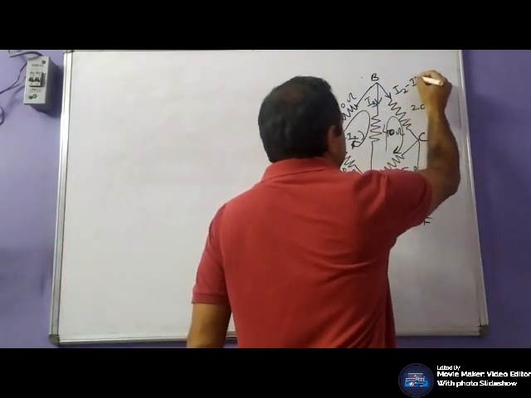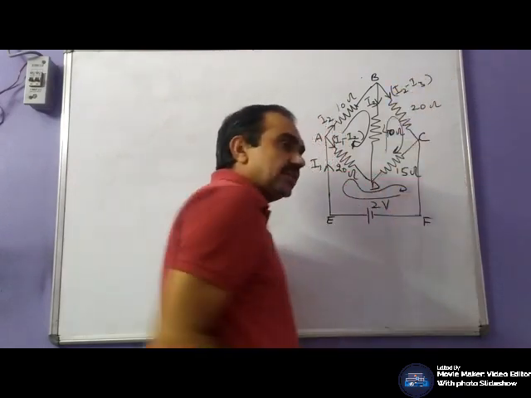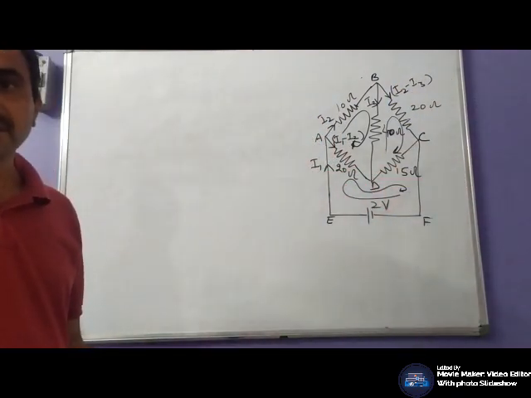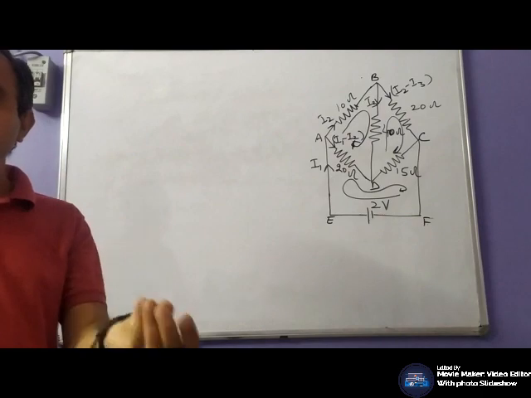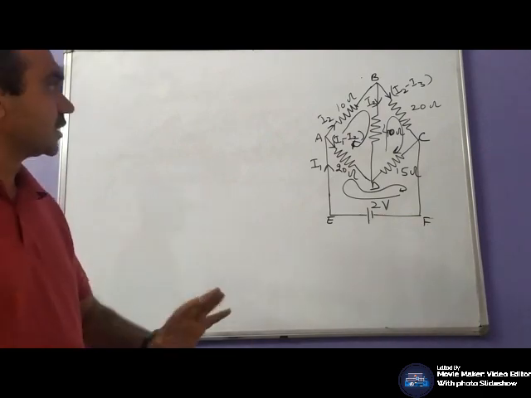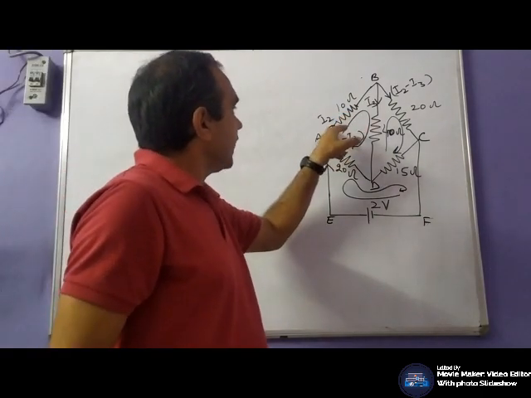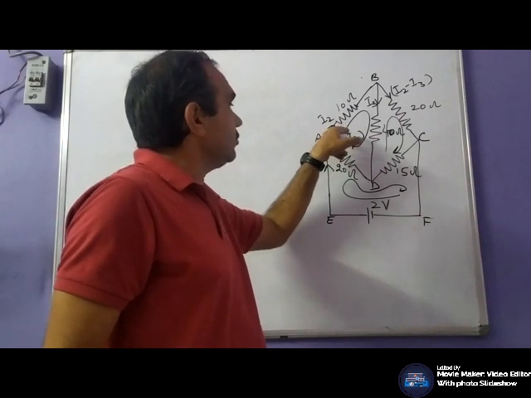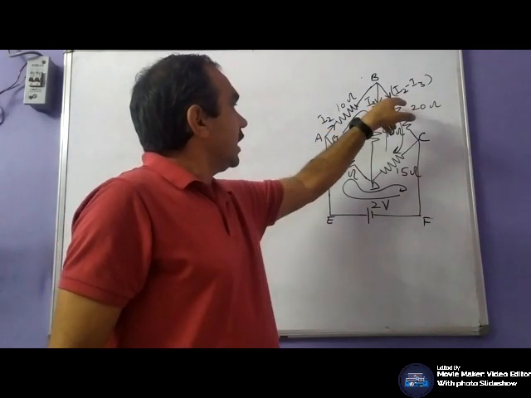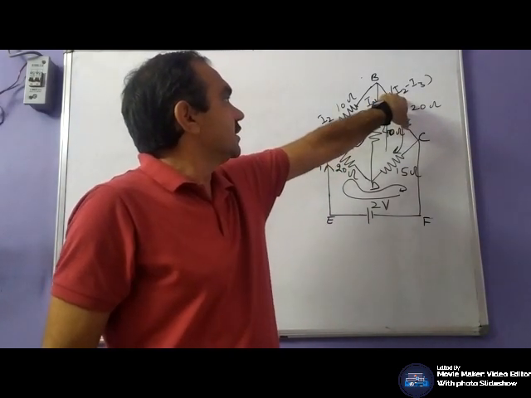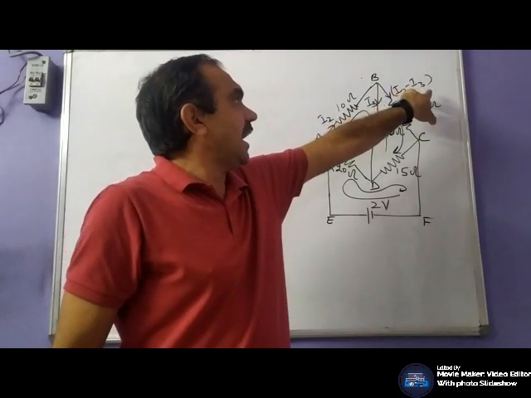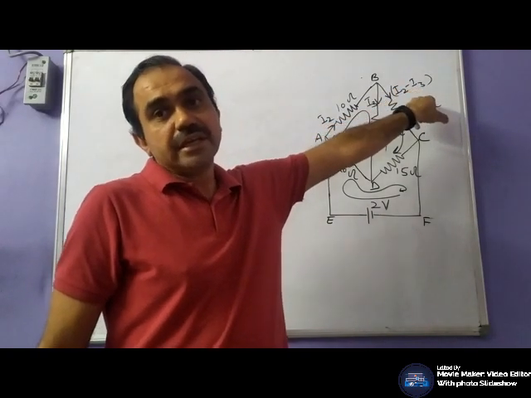I2 minus I3. Kirchhoff's current law. Simple. Incoming current should be equal to outgoing current. Here, what are the incoming? I2. And what are the outgoing? I3 and I2 minus I3. That would be I2.